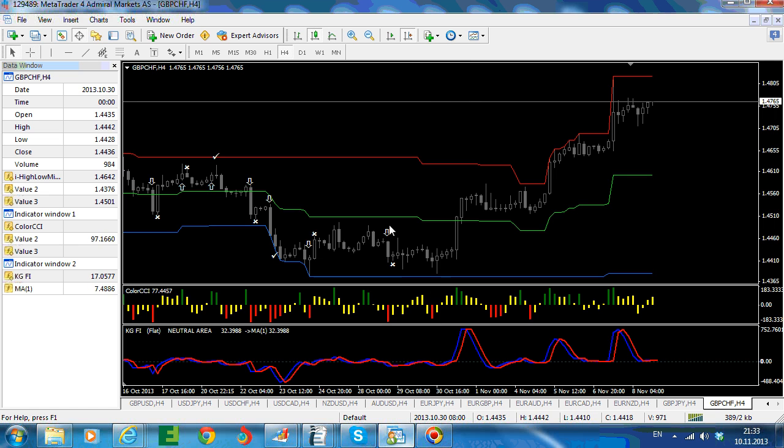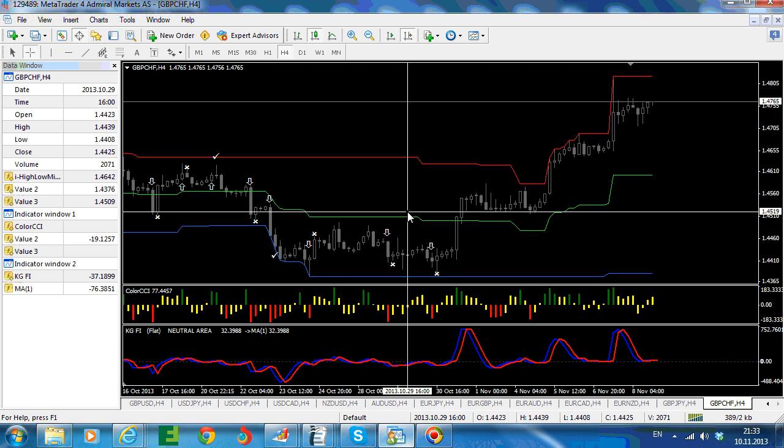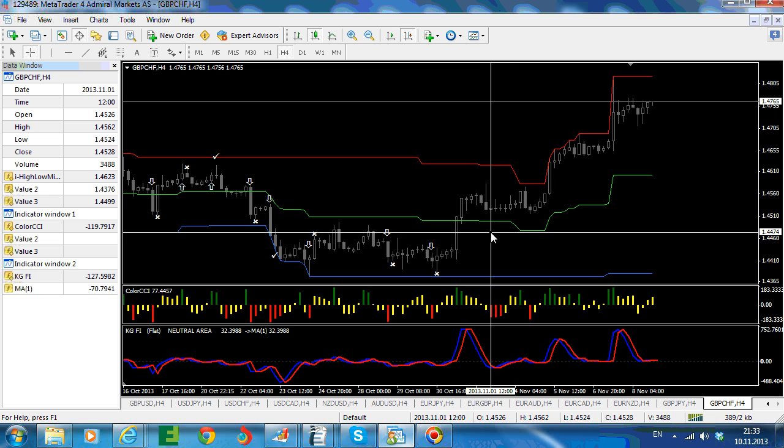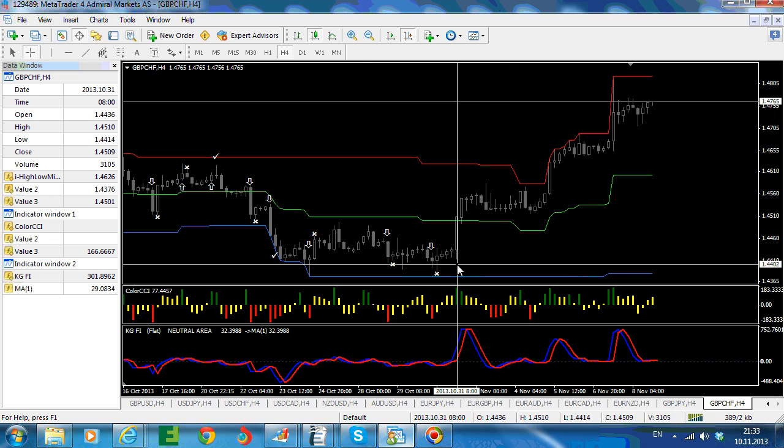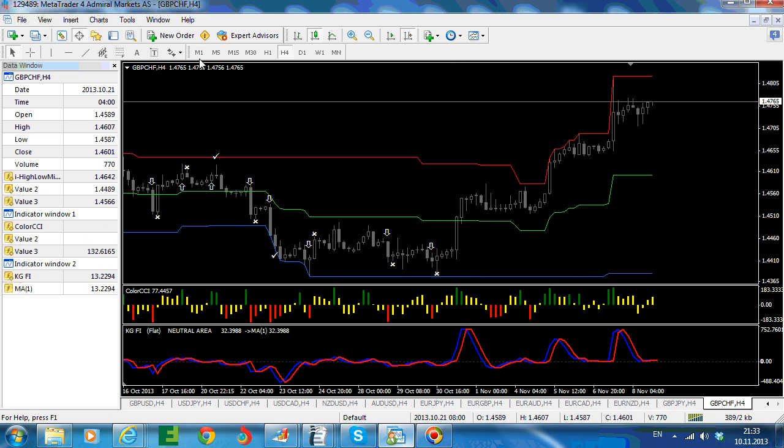Valid signal here, loser as well. Moving to the upside here, breakout system turns out to be a good signal.